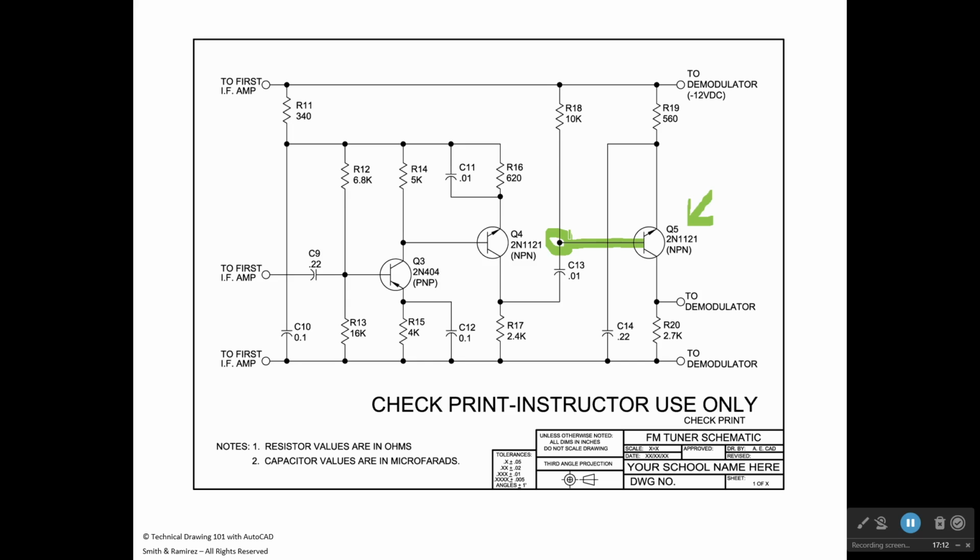What that dot is called is a connection dot. And what it indicates is that that line is connected electronically to this line that runs north and south here. This line that runs east and west is connected electronically to that. So they are sharing electronic current.